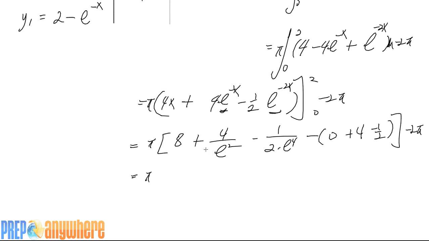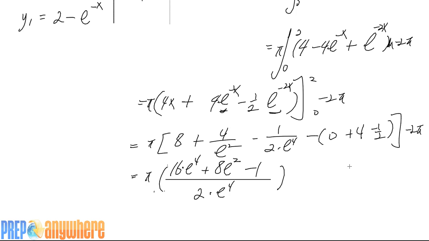So pi times, let me write it all with a common base of 2 times e to the power of 4. 8 times 2 e to the power of 4 is 16 e to the power of 4. Here you multiply by 2 e to the power of 2, so it's 8 e to the power of 2. And minus 1 stays. Here we get 4 minus half, that's 3.5, which is 7 over 2, so it's minus 7 over 2.